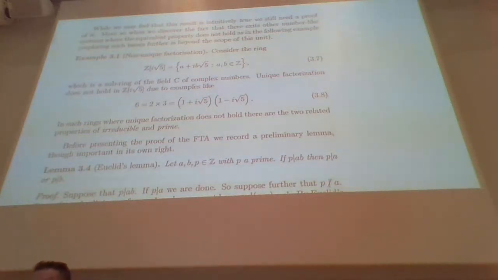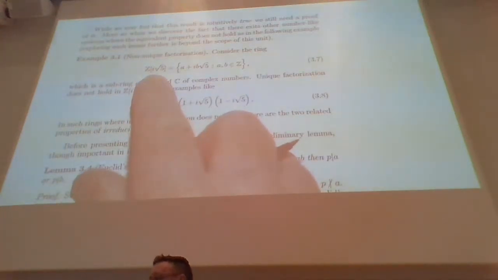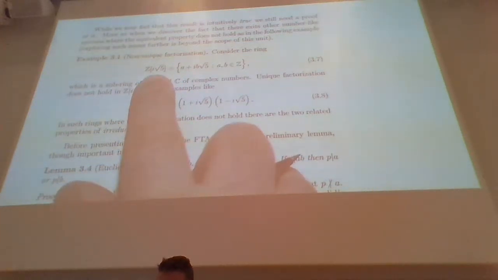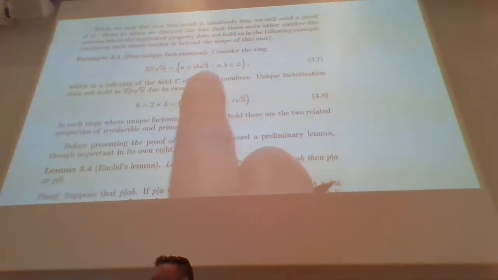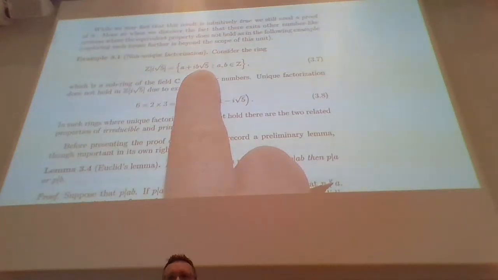You can give examples of number-like algebraic objects where prime factorization is not necessarily unique. Now, we don't study these things in this unit, but these are called rings of algebraic integers. Its construction looks a little bit like the construction of complex numbers.